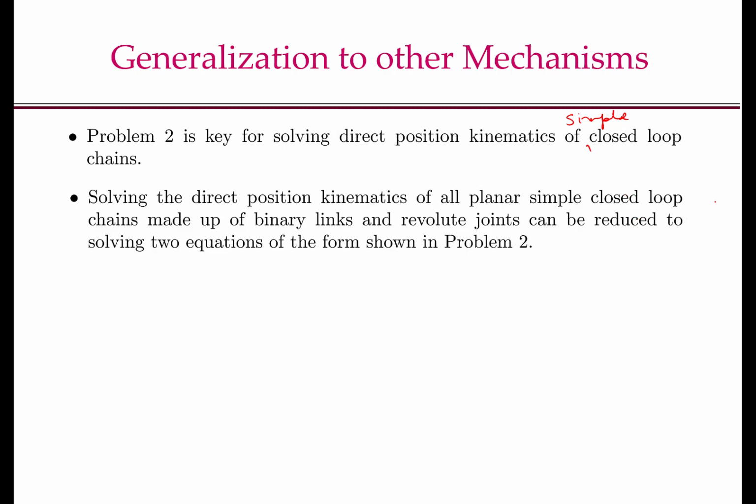As I said, solving the direct position kinematics of all planar simple closed loop chains made up of binary links and revolute joints can be reduced to solving two equations of the form shown in problem 2. And this is for any number of links, n equal to 5, 10, 100, whatever be the number.